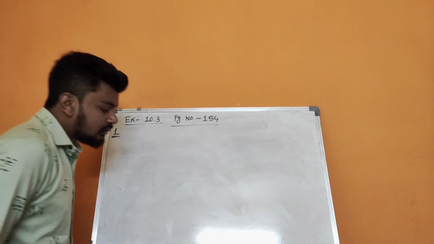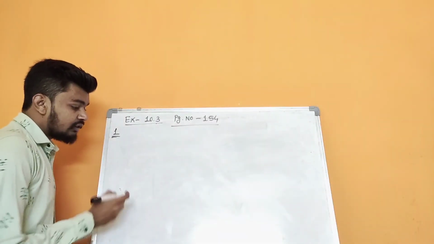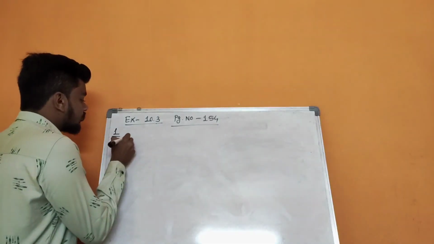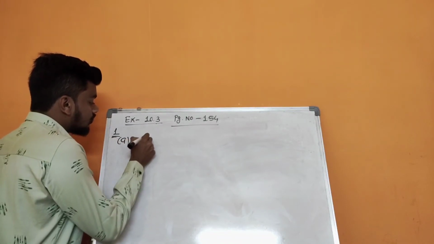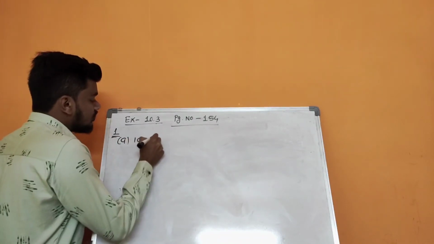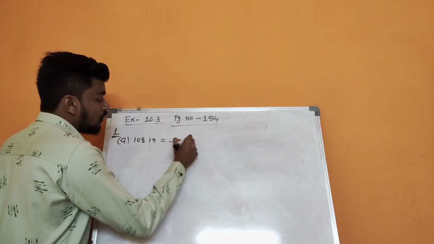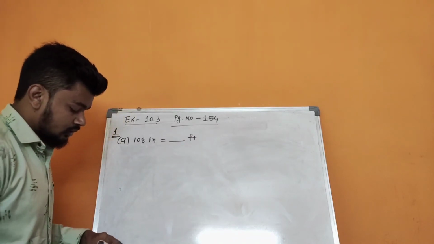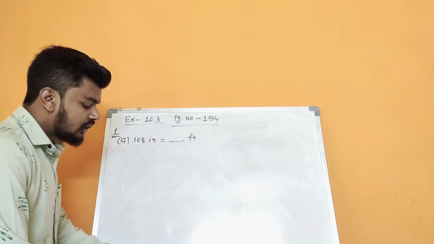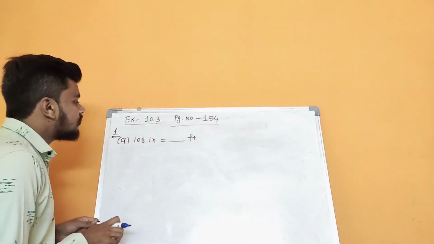Now first question. In the first question, the question is like: write the missing number. 108 inch is equal to how many foot? So 108 inches is equal to how many foot?